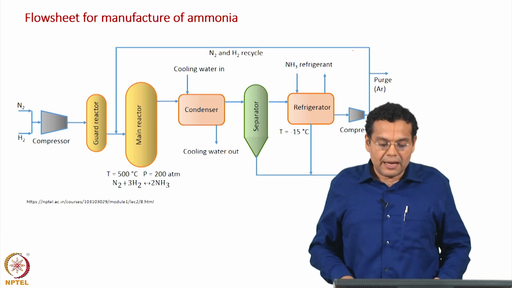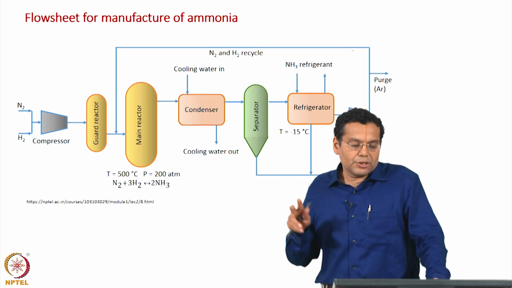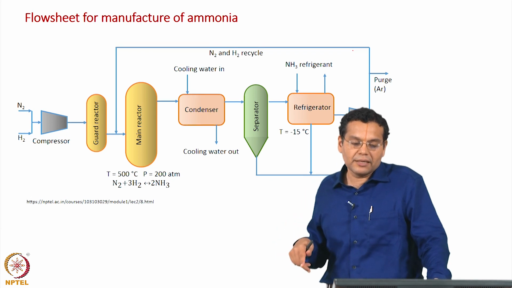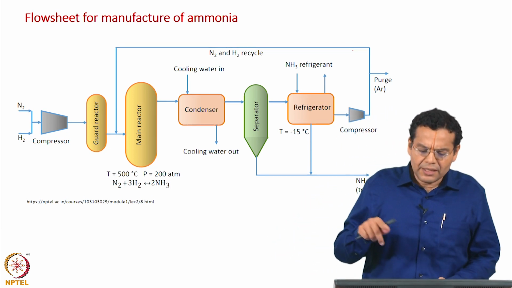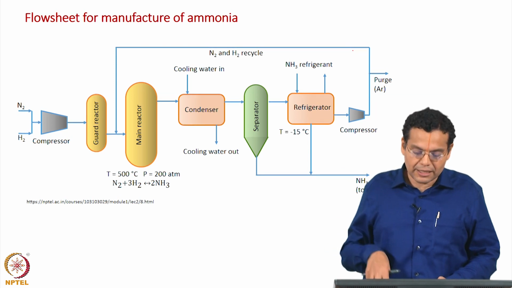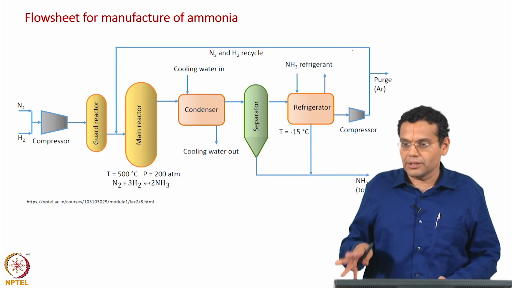argon. And now we need to separate ammonia from this stream. We do the first condensation using cooling water, where part of the ammonia condenses out as a liquid.